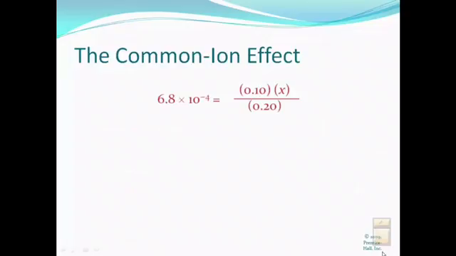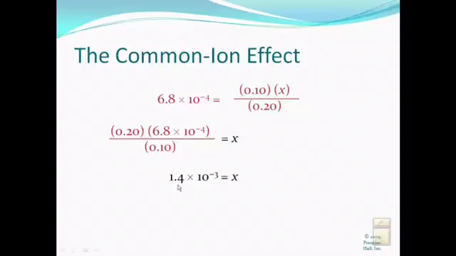Let's continue. Basically you have 6.8 times 10 to the negative 4 equals 0.10 times x over 0.20. We solve this for x, and x should be 1.4 times 10 to the negative 3. One thing a lot of people like to do is go back and make sure their x value is less than 5% of their initial concentration, and I'm sure you can tell that 0.0014 is less than 5% of 0.20.